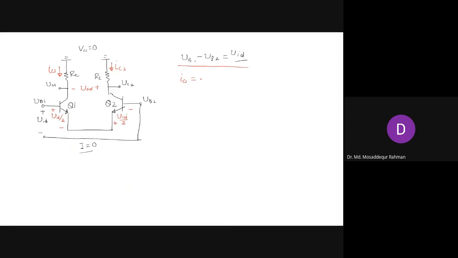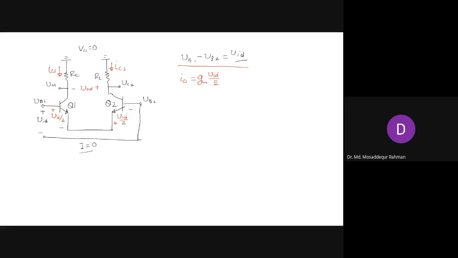No, that is not correct. I mean, that is not wrong, but that's not what we are looking for. Sir, GM VID by 2. Right, IC is GM VB, so we can write IC in this case as GM, VB is VID by 2.